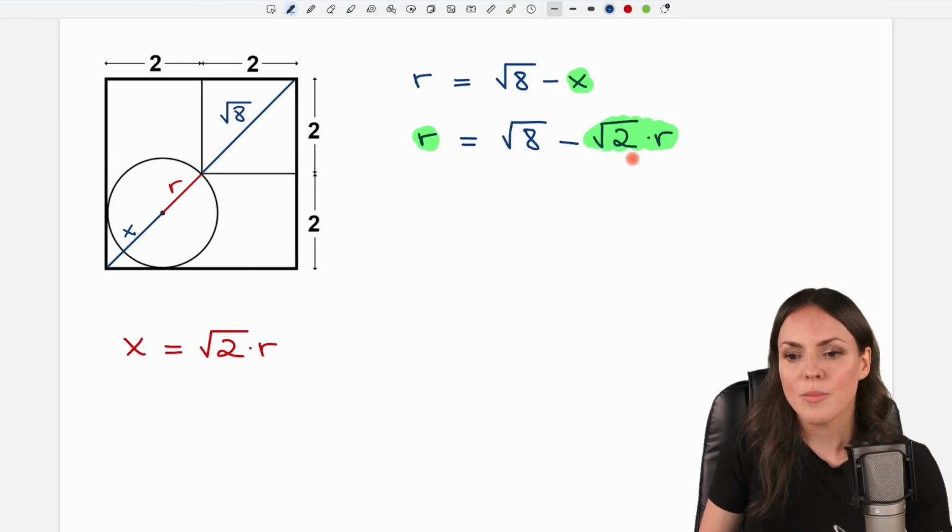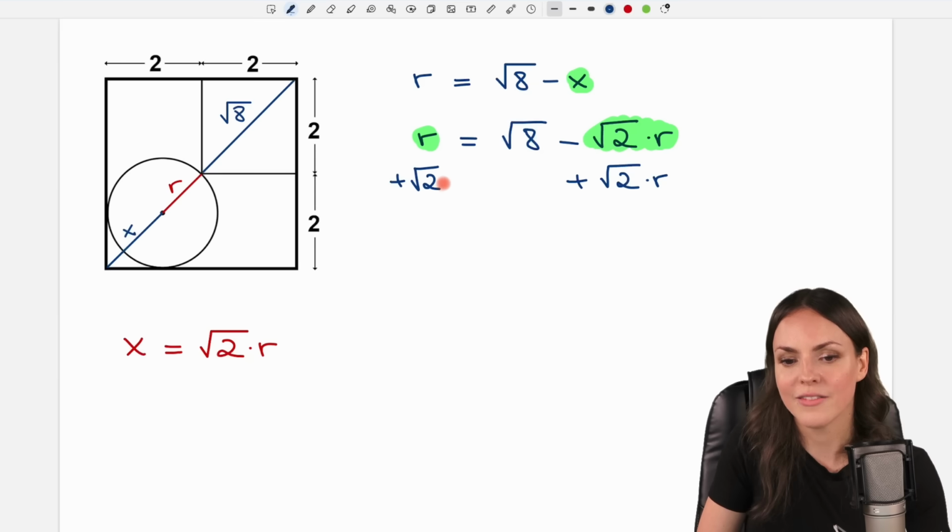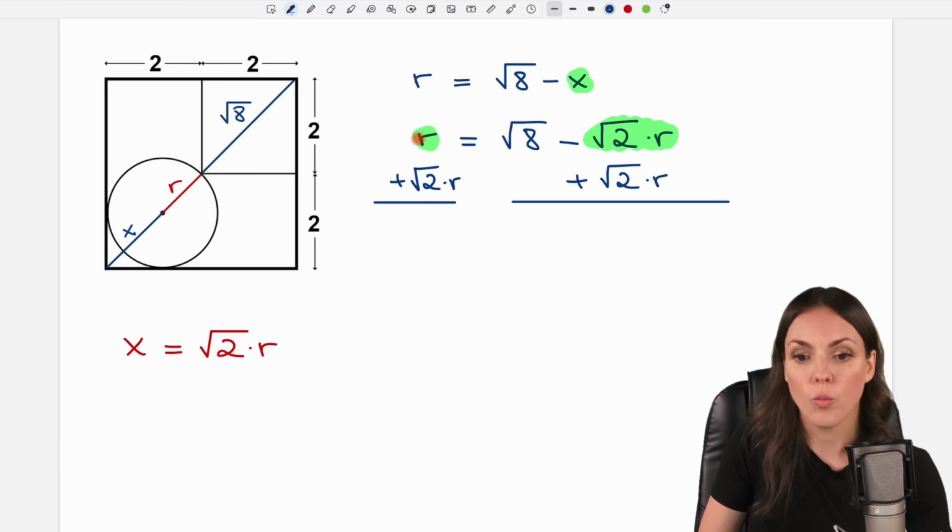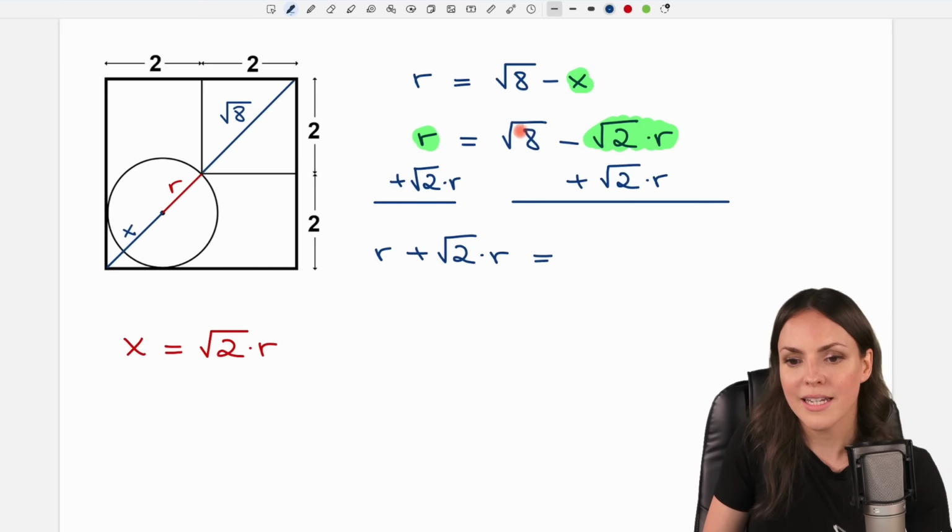Let's bring this part to the other side of the equation by adding the square root of 2 times r on both sides of the equation. What do I get here? I have 1r, and I add the square root of 2 times r. And on the other side, I only have the square root of 8 because these two cancel out.